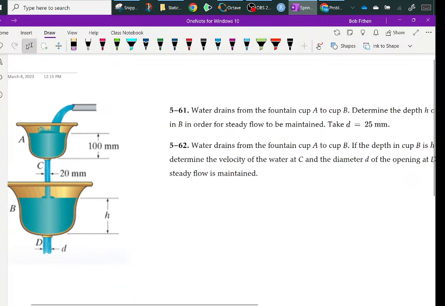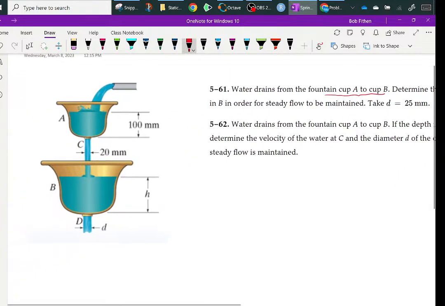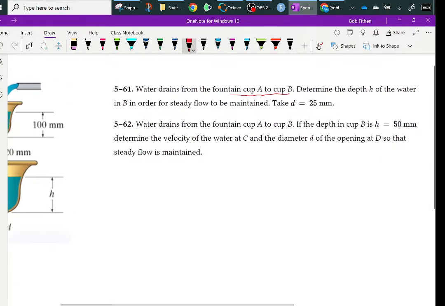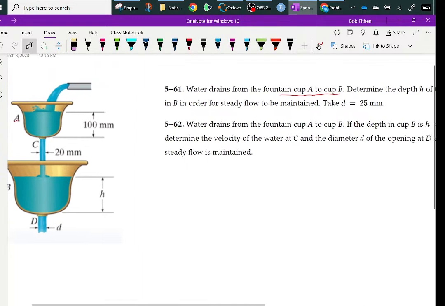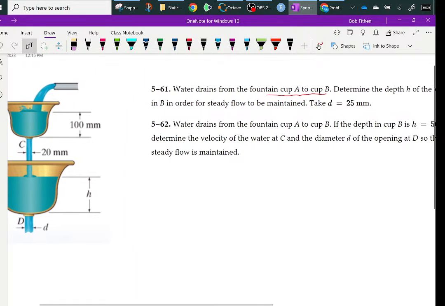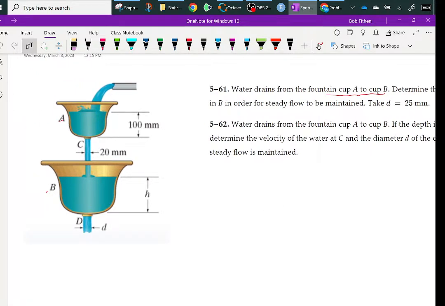Okay, so the water drains from the fountain cup at A to B. So that's the cup A goes to B. It's pretty obvious. That's to determine the depth of the water in B in order for steady flow to be maintained. Okay, so here's what we've got.